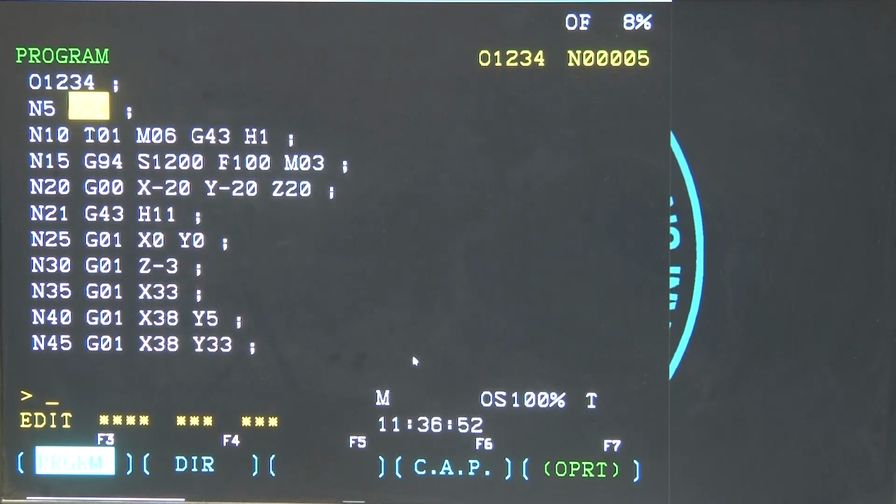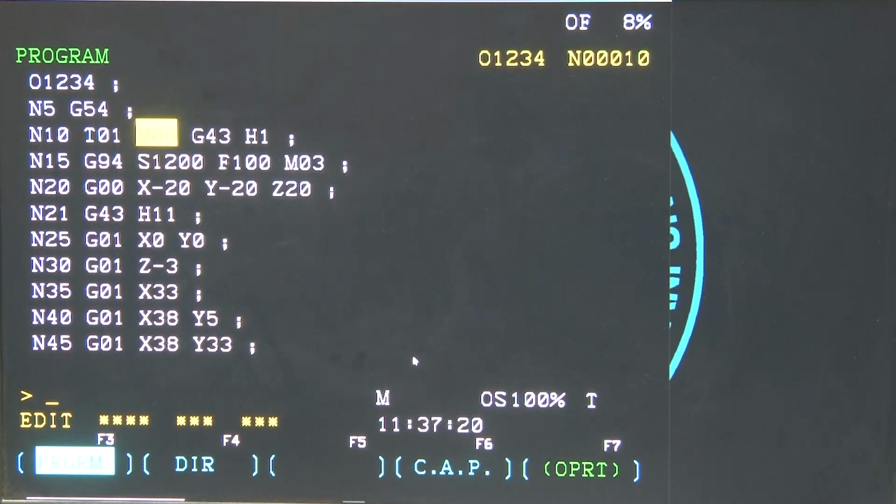N10 says T01, M06, G43 and H1. So, T01 is the tool number, like it was in the case of turning, tool number 101, which is in the turret. Okay, we will show you what the turret is. Turret has all the tools located there, and each tool is numbered.